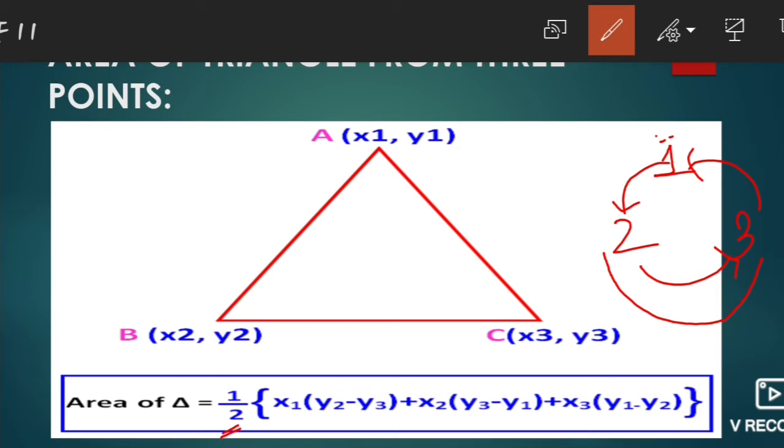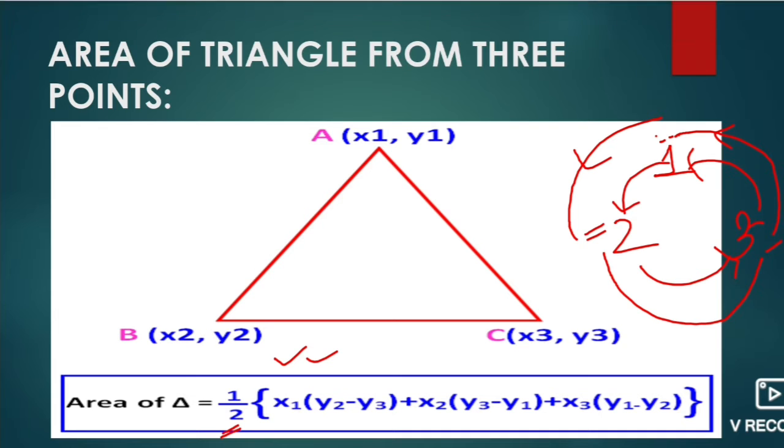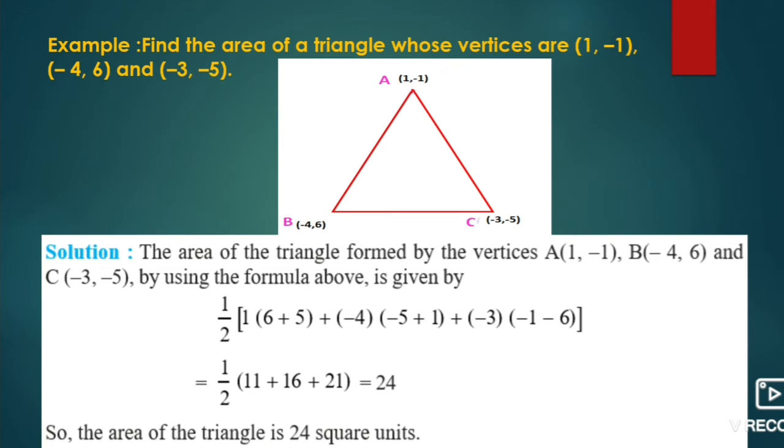Then plus x suffix 2, then it will be y3 minus y1. And plus x suffix 3, then it will be y1 minus y2. In this way you have to remember the formula. So this is the formula for the area of a triangle if the coordinates of the 3 vertices are given.